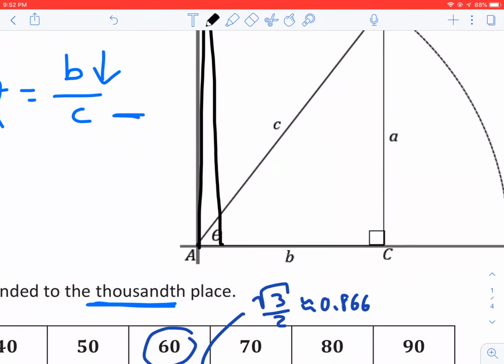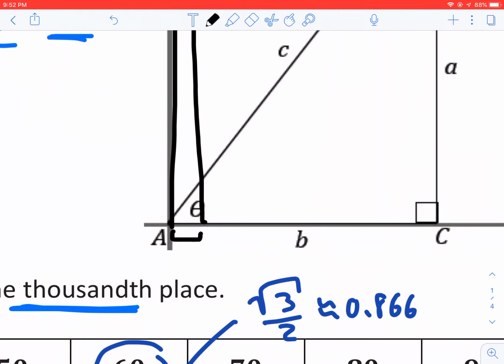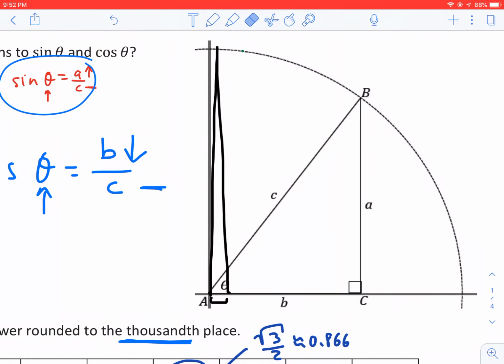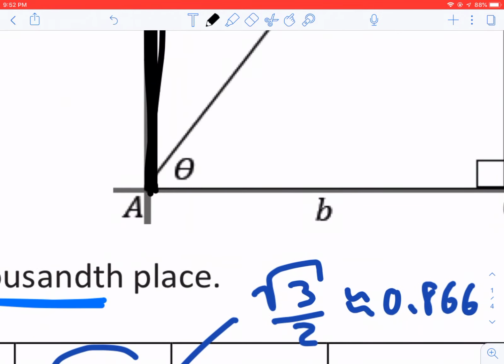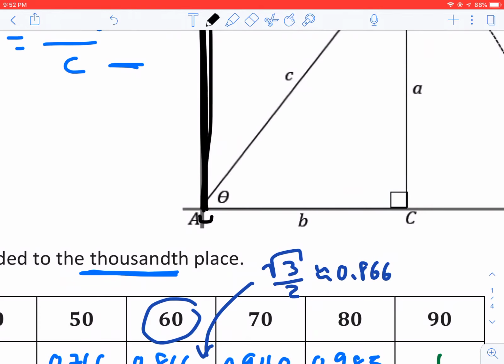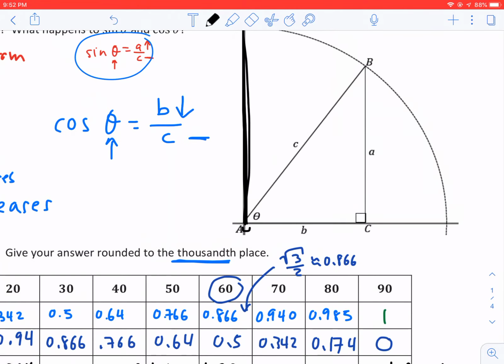It's very, very big, right? And then we're dividing by a teeny, teeny, tiny number, which gives us a very big number. And at 90 degrees, we're essentially a vertical line. Well, at 90 degrees, we are a vertical line, which means this b value is 0, right? And we know when we divide by 0, that's undefined.